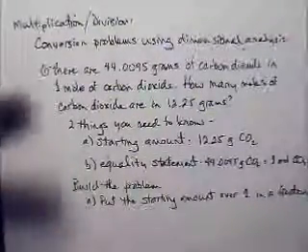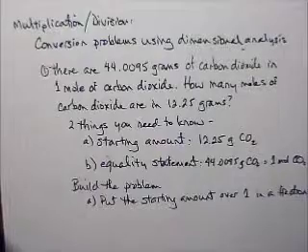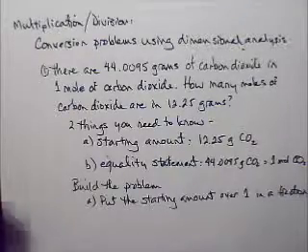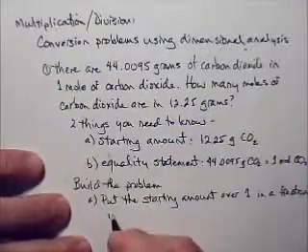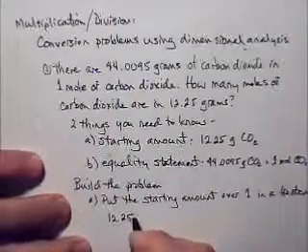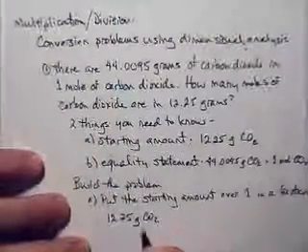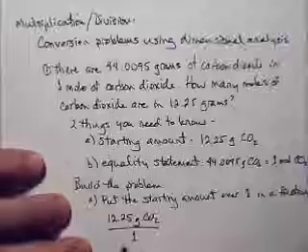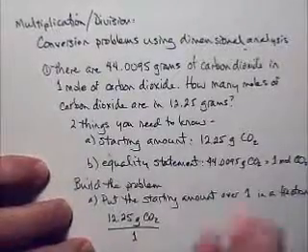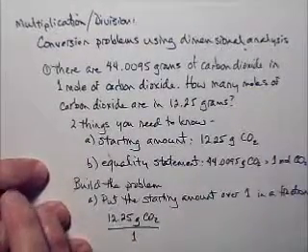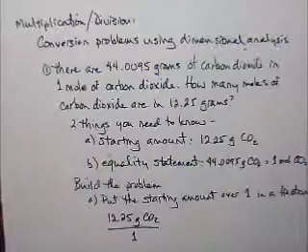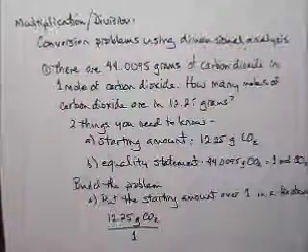And that's all we do. Put it over the number 1. Not 1 grams, not 1 milliliter, not 1 degree C, but 1. So we're going to say 12.25 grams of CO2 goes over the number 1. And that's how you set up your starting amount. Really simple stuff. Don't make it more complex than it is. All right?